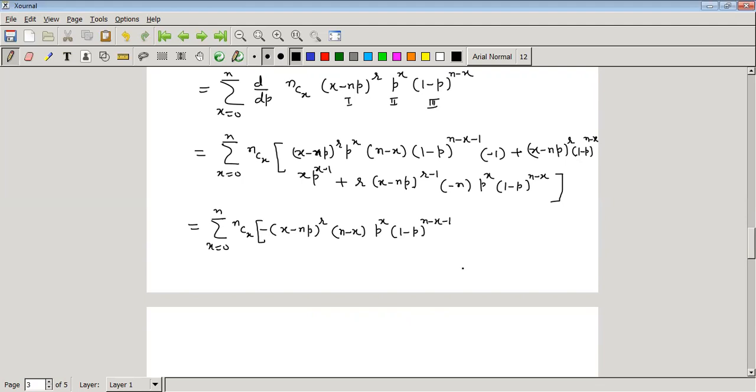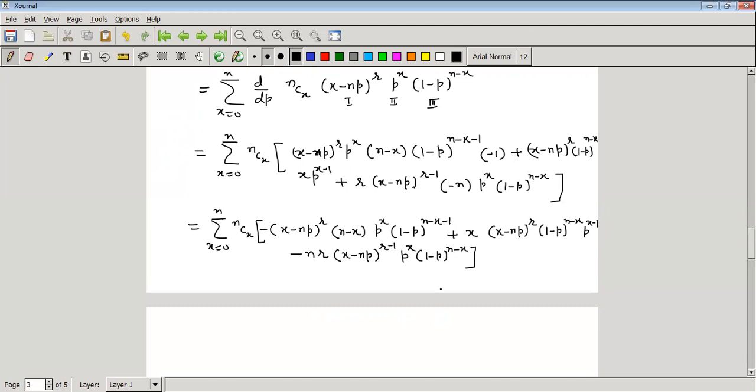So this is the first term, and the second term is plus x into (x minus np) to the power r (1 minus p) to the power n minus x into p to the power x minus 1, and plus the third is minus nr (x minus np) to the power r minus 1 p to the power x (1 minus p) to the power n minus x.